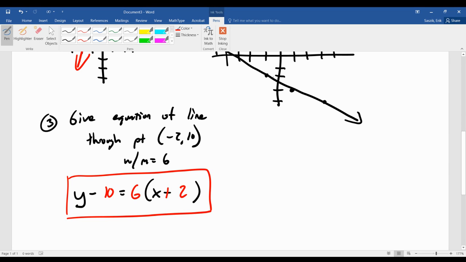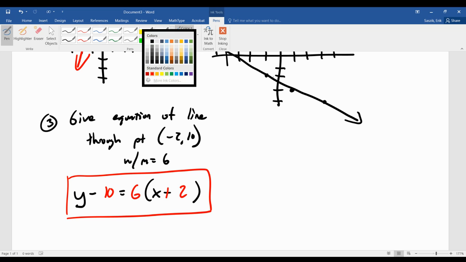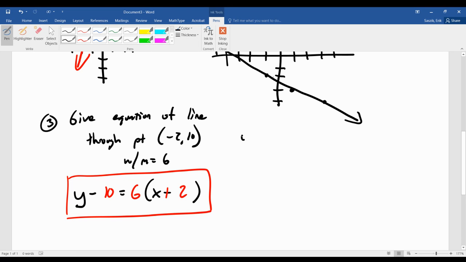And the way you can check it, remember, if you take this -2 and stick it in here, that'll make this come out to 0. If you take this 10 and stick it in there, that'll make that side come out to 0. So, you know that it's legit. Okay. Let's just do one more like that, and then we'll probably call it there for this video.